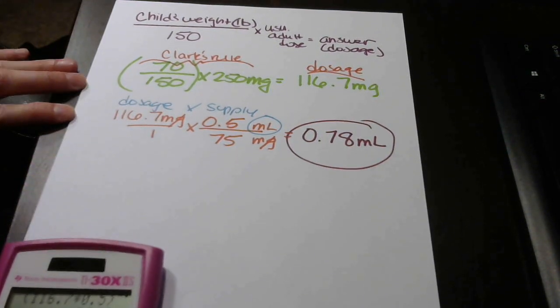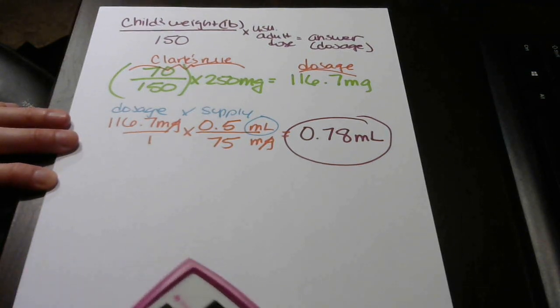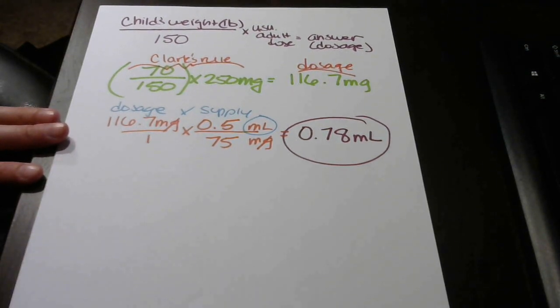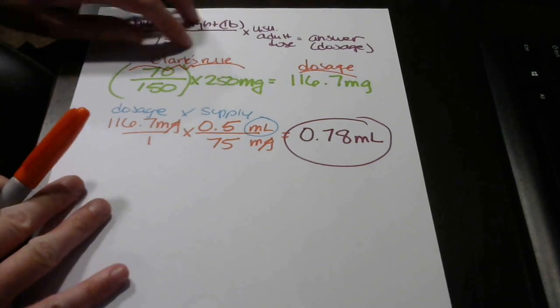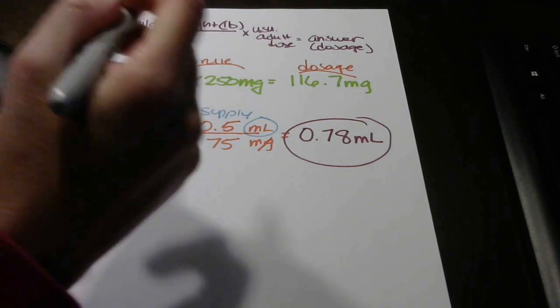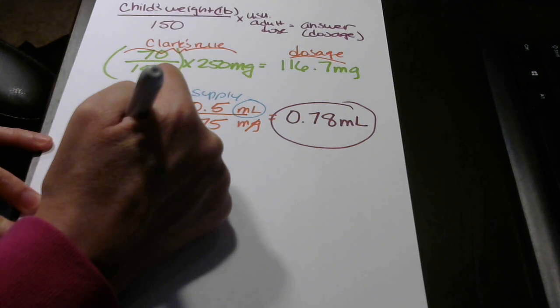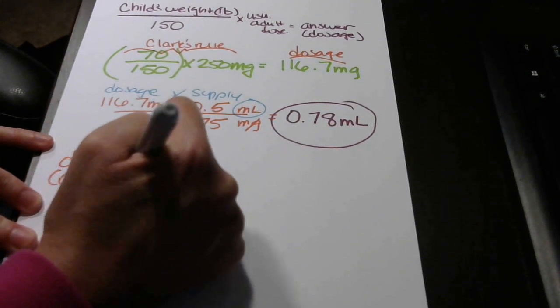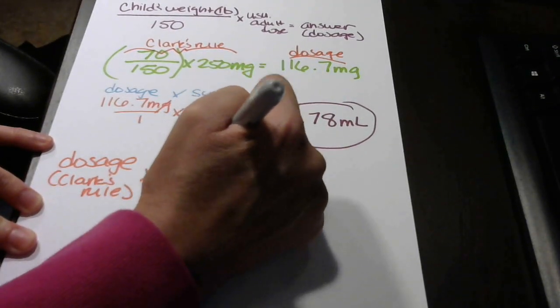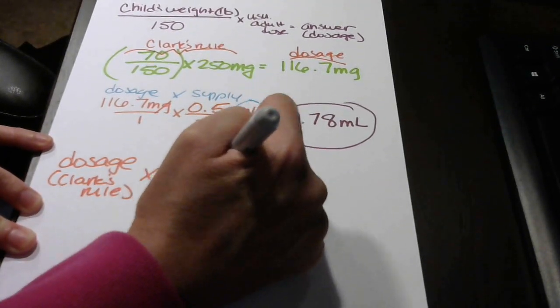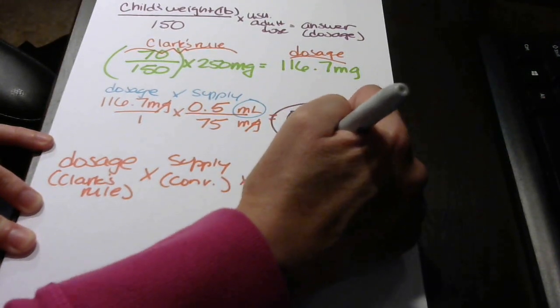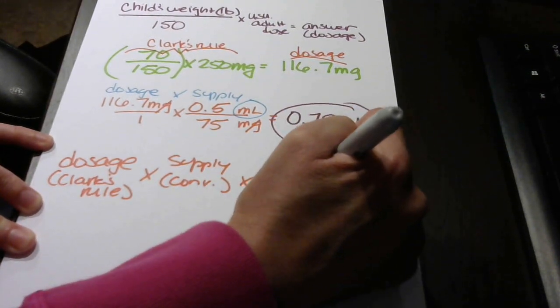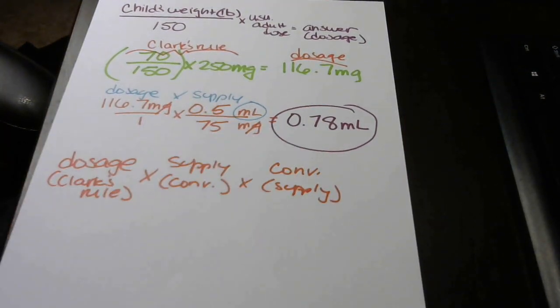Now, if you were going to do this with the conversion, it would just be the same thing. You would just figure out the Clark's rule up here to get your dosage, and then you would plug in your dosage from the Clark's rule times the supply or the conversion times the conversion or the supply. And these two can flip-flop, remember, and that's just going to be based on what measurement you want your final answer to be in.